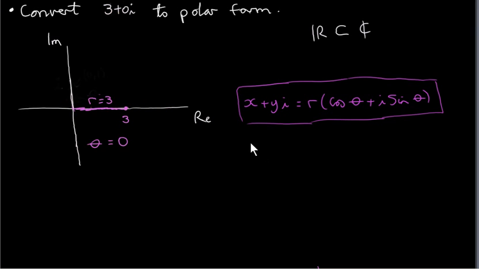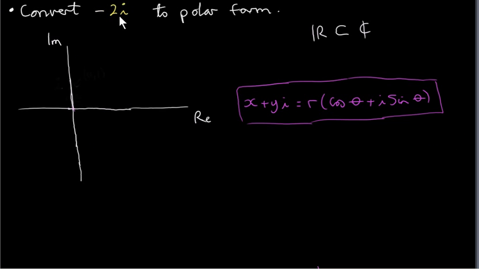So now we can write down the number 3 in polar form, or 3 plus 0i is 3 times cos 0 plus i times sine of 0. The cos of 0 is 1, so we get 3 times 1 is 3. The sine of 0 is 0, so we just end up with 3.